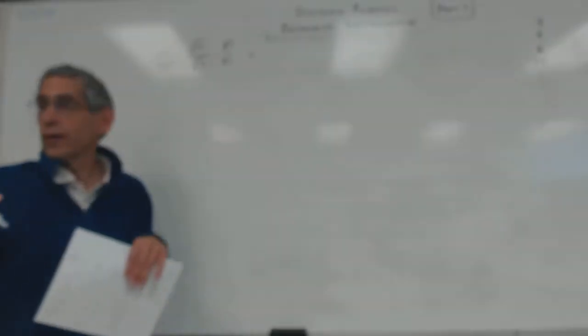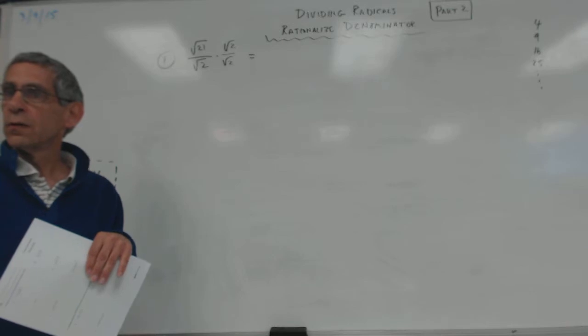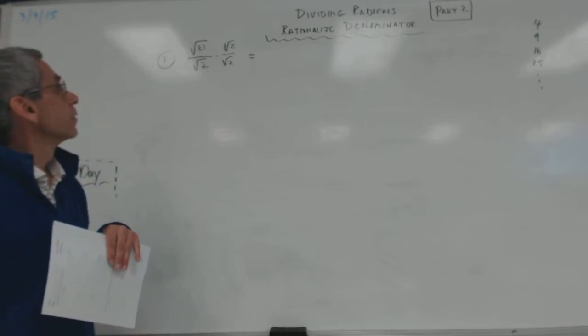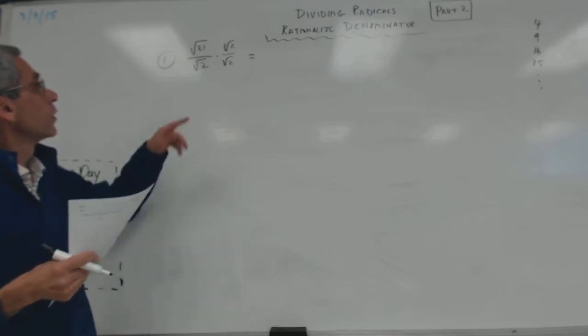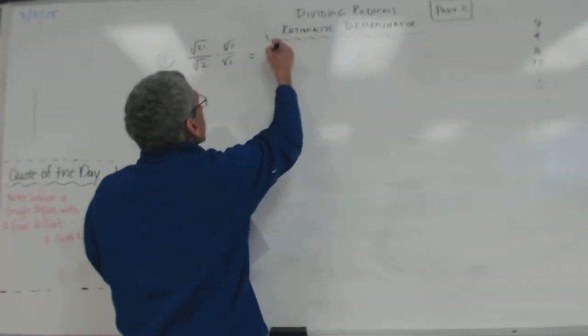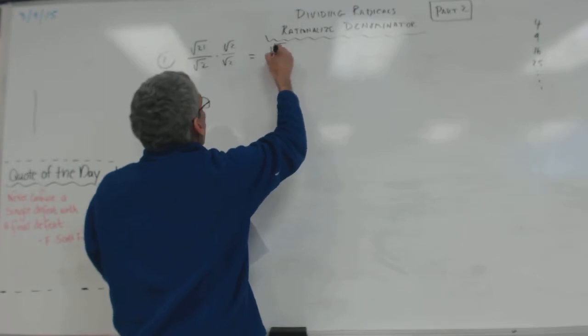So what do I have in the numerator? 2 times 21 is 42, over 2.